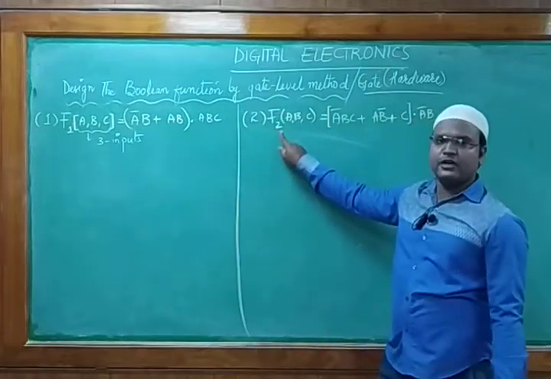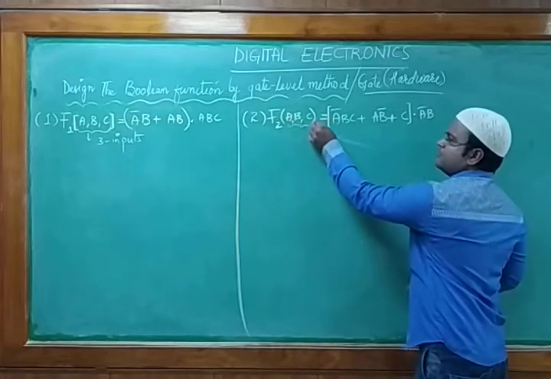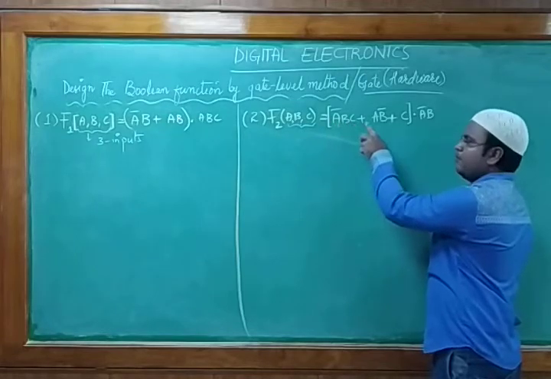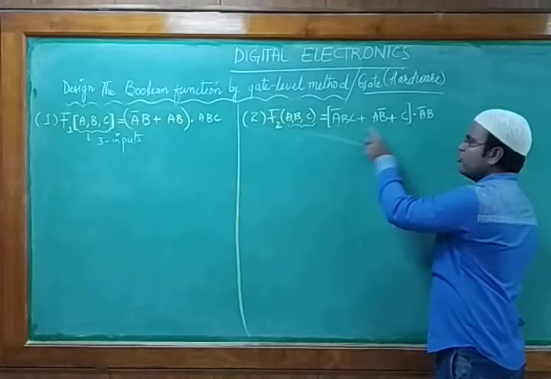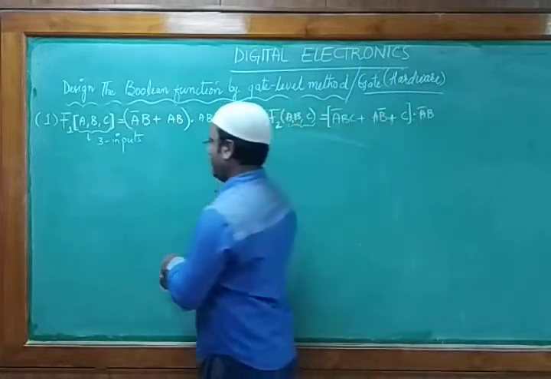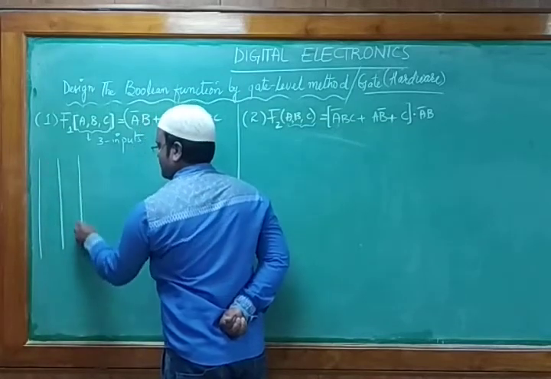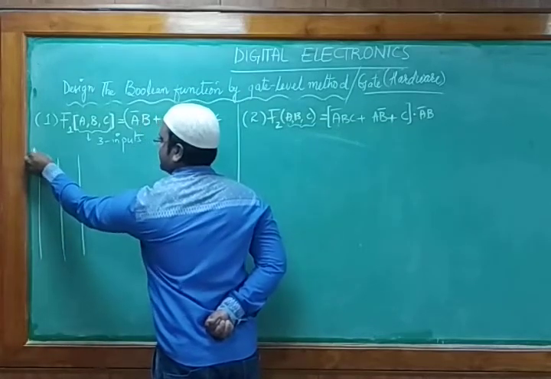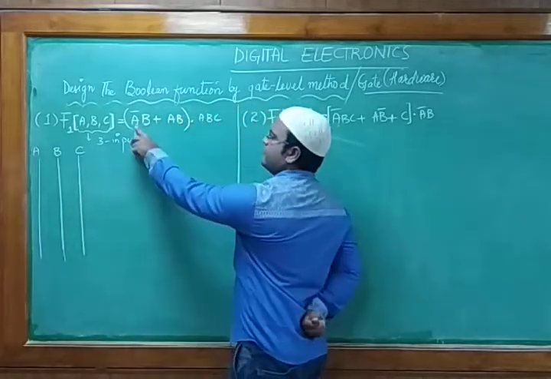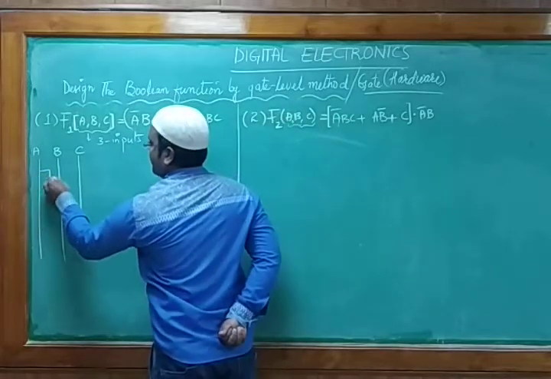Similarly in the second function F2 of A comma B comma C, again it is three inputs, so we can take three variables over here. So here we had A bar BC plus A B bar plus C. This whole function we need to multiply with A bar with B. So what we'll do, we'll take first three inputs. So this is A, this is your input B, this is your input C. What we require is only A bar, and A bar means we need to use one NOT gate.